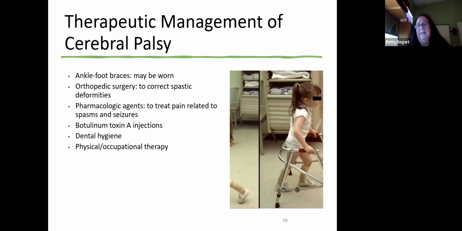So with cerebral palsy, it's a lot of muscle issues, a lot of spasming. So we need to put those foot ankle braces on so we prevent those foot drops and keep those feet in proper positioning so that we can get them up and hopefully getting them walking, at least with a walker, if anything, okay? Any sort of spastic abnormalities, we can release these spasms with surgery.